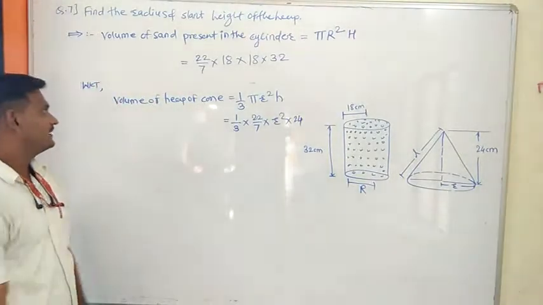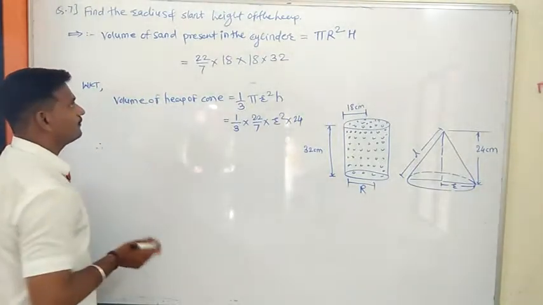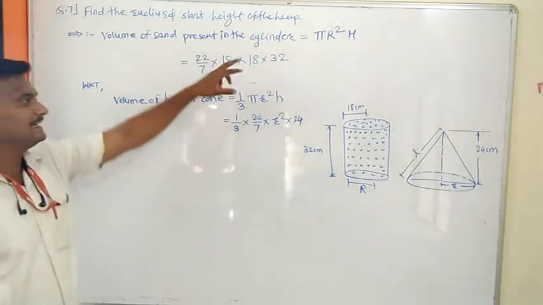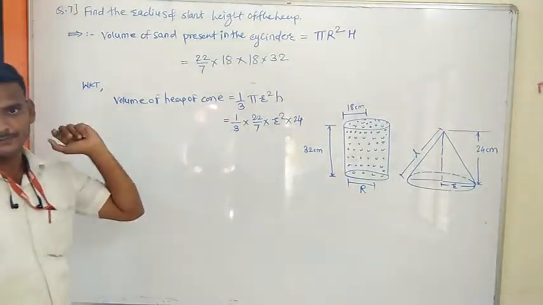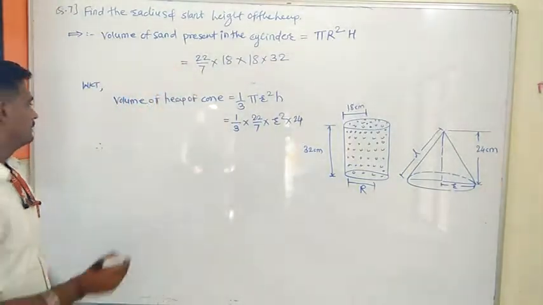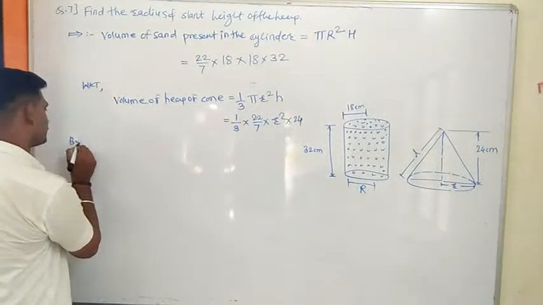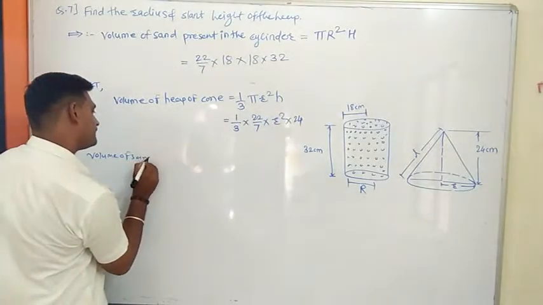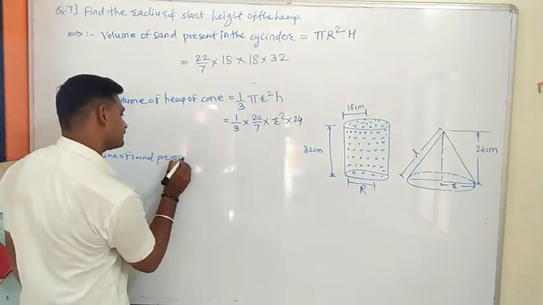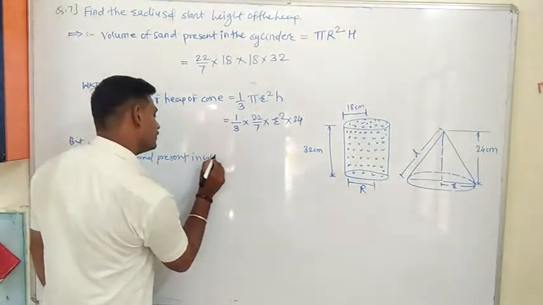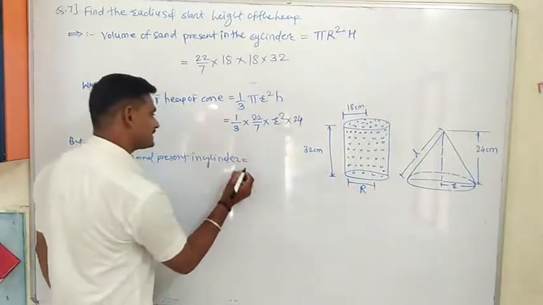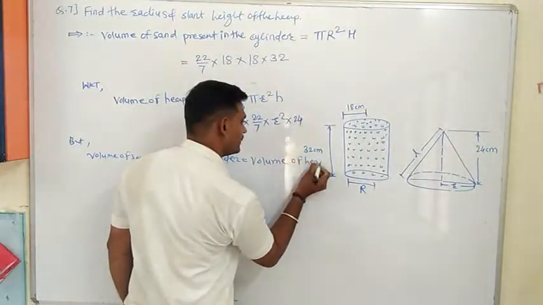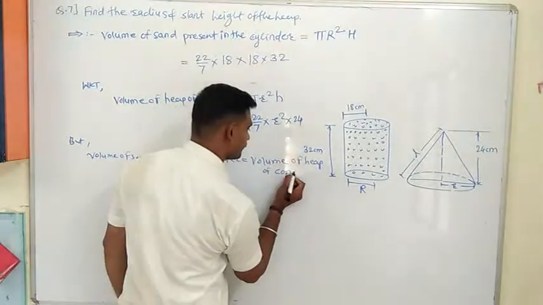Therefore, the volume of sand present in the cylinder is equal to the volume of the heap of a cone.